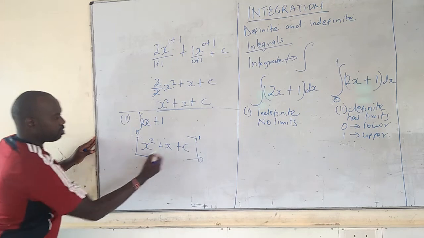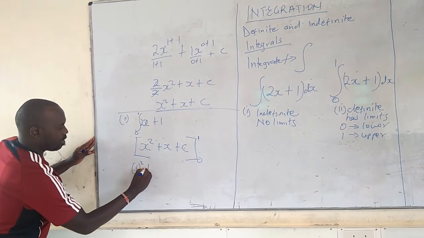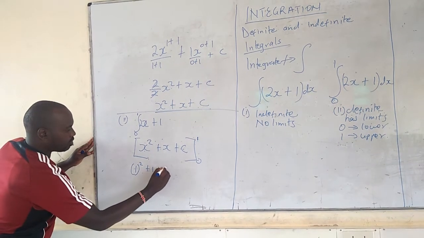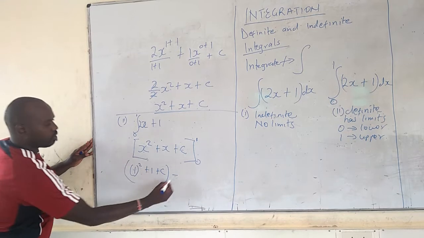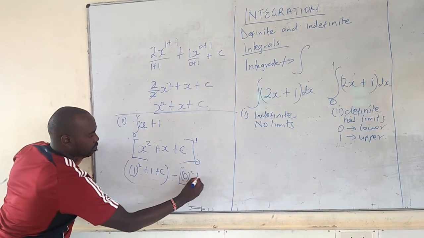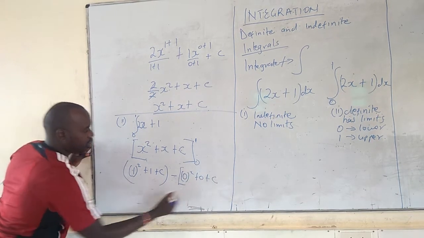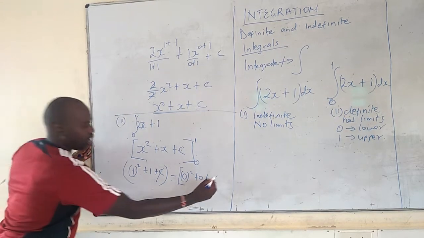You substitute 1, so this will be 1 squared plus 1 plus c. Then you subtract the substitution for the lower limit, which will be 0 squared plus 0 plus c. You realize the c and the c will cancel out.